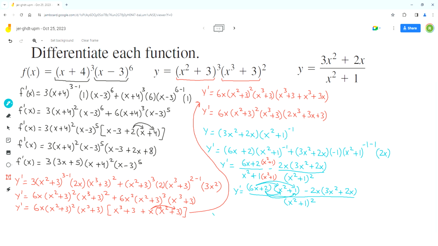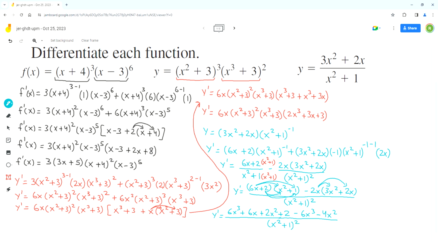So I get y prime equals, so we get 6x cubed plus 6x, because 6x times 1 is 6x, and then plus 2x squared plus 2. Now in the second part we can distribute negative 2x into the parentheses. So we get negative 6x cubed negative 4x squared over x squared plus 1 squared.